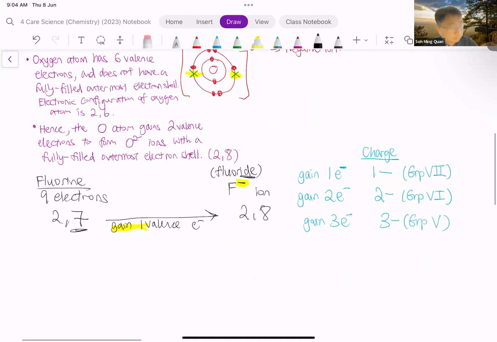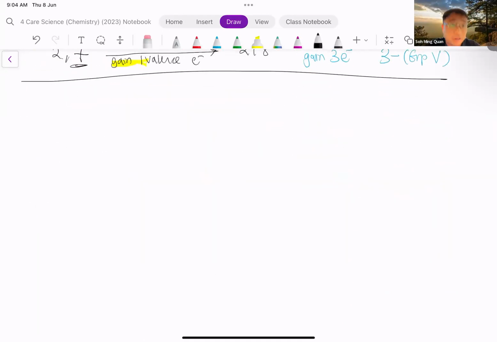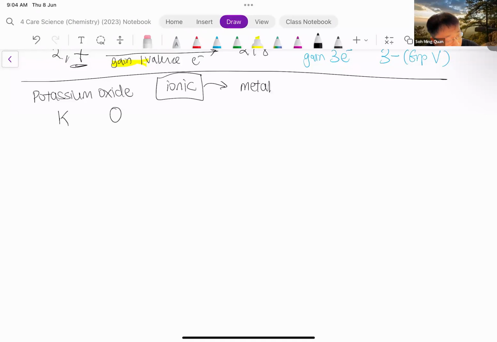All right. So now we're going to go through how do we draw an ionic compound. Take, for example, potassium oxide. Whenever you are given a name, you need to first work out, okay, this is an ionic compound. Why is it ionic? It comprises of metal and non-metal.